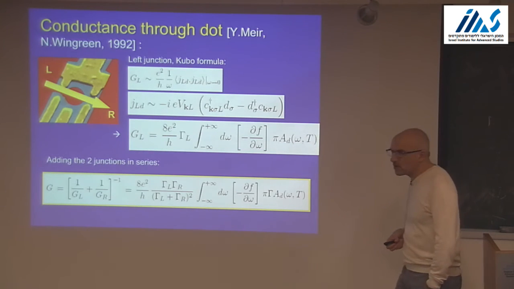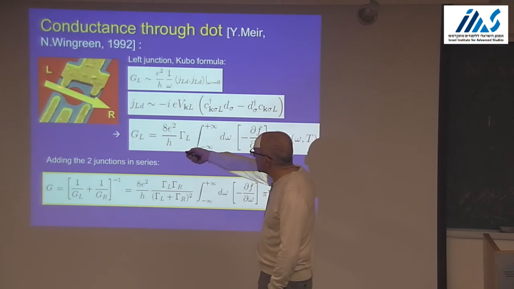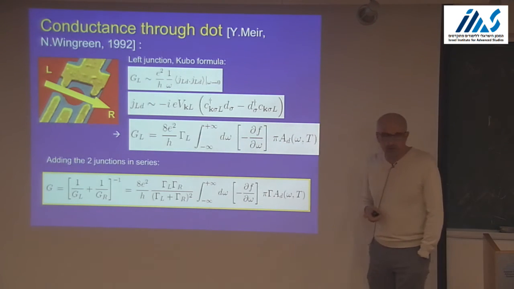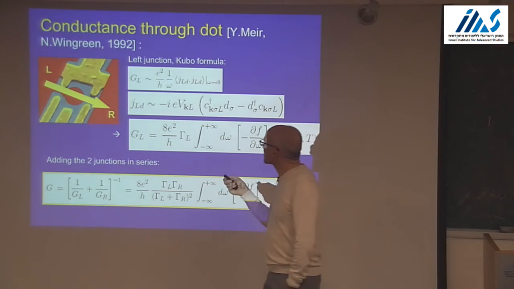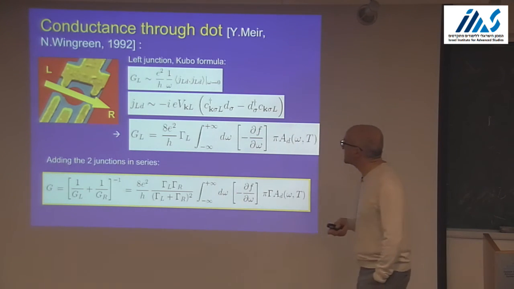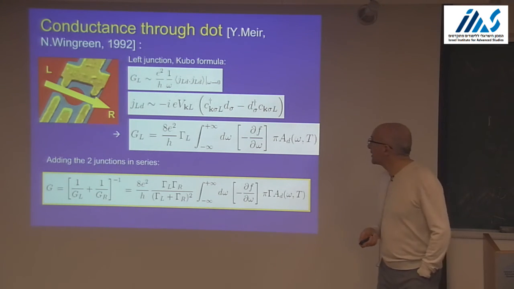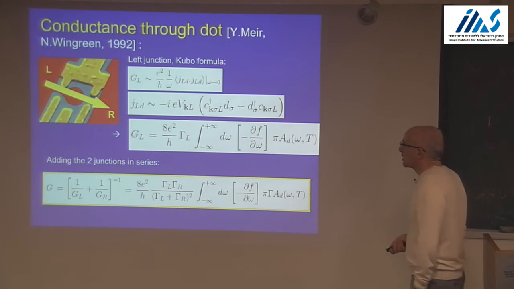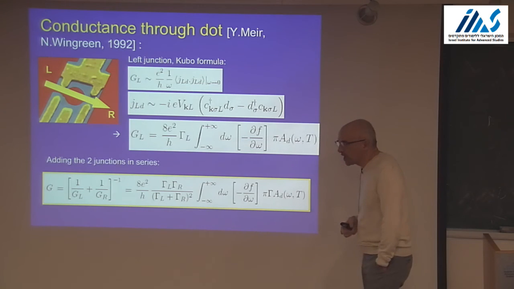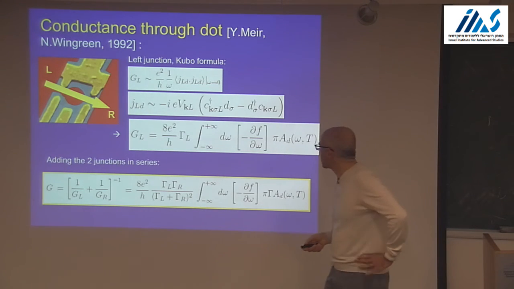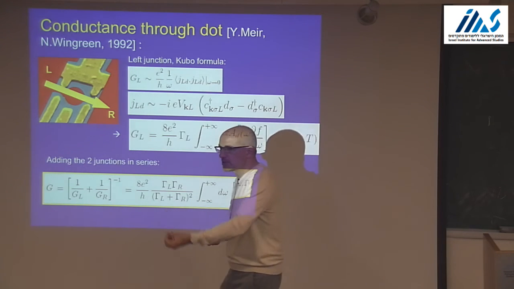Okay, one thing you may want to be interested in, for example, in the context of quantum dots, is the conductance through this system. And this problem was addressed by several people in the early 90s, and there is a beautiful formula due to Yigal Meir and Ned Wingreen, which relates the conductance from the left to the right reservoir, subject to a very small DC bias, to the spectral function of the electron on the dot.